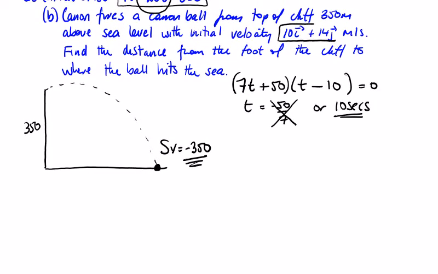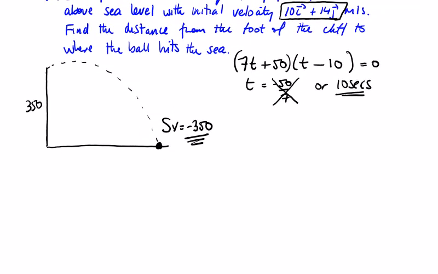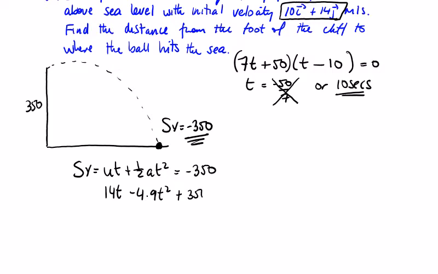Let's just calculate it in here. So I have 10i plus 14j. We want S of Y to be equal to 0. S of Y is equal to ut plus a half at squared. That's going to be equal to minus 350. My initial velocity for Y is 14, minus 4.9t squared, and then plus 350 equals 0. So I'm going to get 4.9t squared minus 14t minus 350 equals 0.